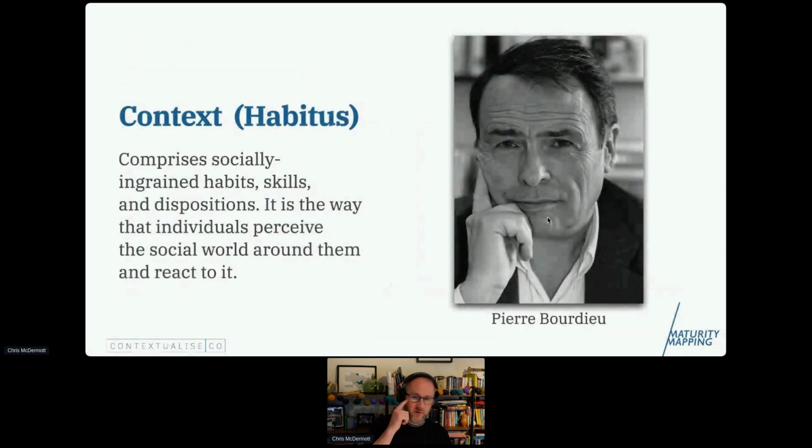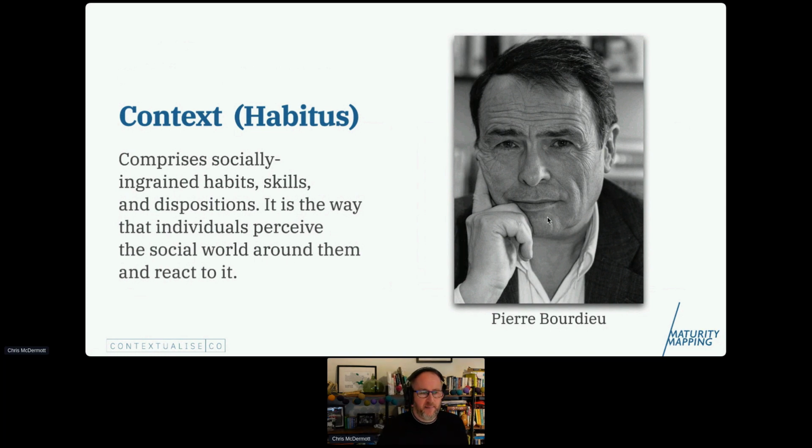So the other thing that's really important to consider here is that taste and practice are contextual. Back to my pajamas example, it's okay to wear your pajamas in the bedroom, but not at the supermarket. Taste is contextual. What good looks like is contextual, and context is incredibly important. So Pierre Bourdieu, the French sociologist, uses the phrase habitus.